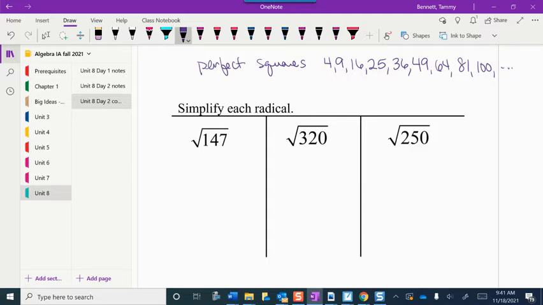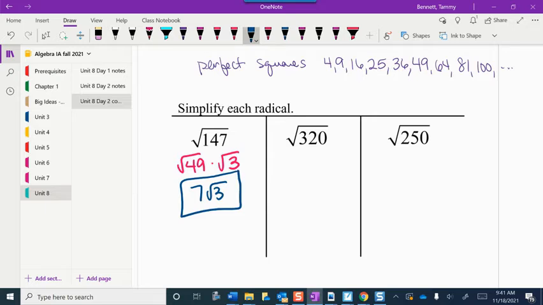So I'm going to rewrite this as the square root of 49 times the square root of 3, because 49 times 3 is 147. Simplify this some more. The square root of 49 is 7 times the square root of 3. That is my final answer.